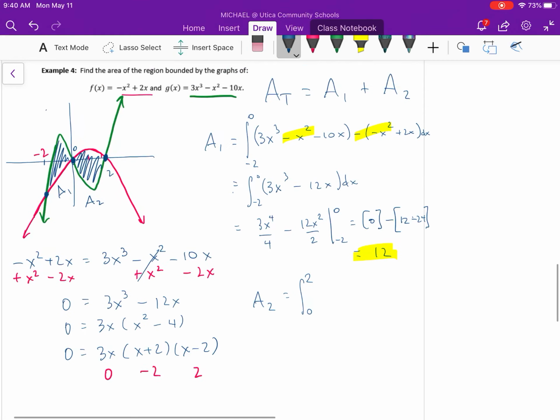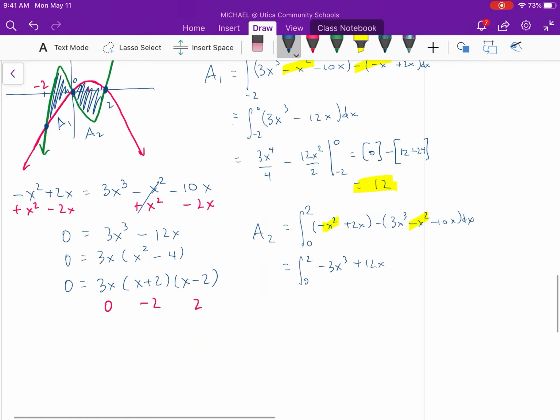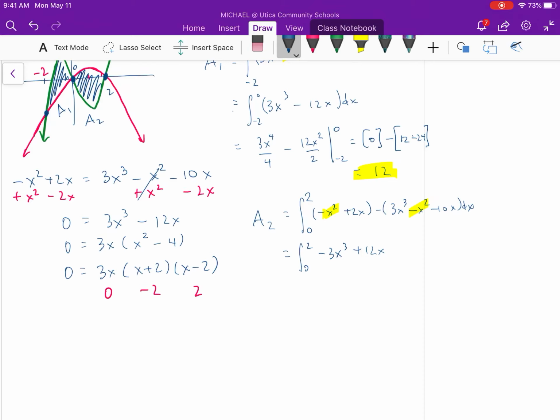Area of region 2 would be from 0 to 2. This time the top function is negative x squared plus 2x minus the cubic. Alright, so it's still 0 to 2. I'm going to simplify. I'm going to end up with negative 3x cubed. I still get a negative x squared and a plus x squared. And then I end up with a plus 12x.